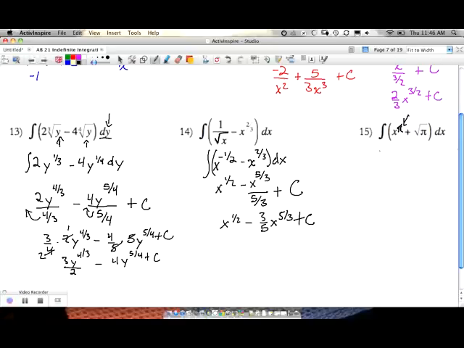Which means this first term is just going to become x to the pi plus 1 over pi plus 1. Similarly, square root of pi is just a constant, so we're going to treat it like a constant. It just tags along. It gets factored out and then comes on back. But the antiderivative with a constant there means it's going to become x. And of course we have plus c.